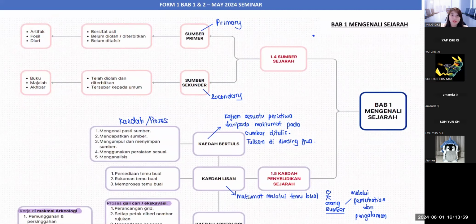So guys, for example, primer means that I found an evidence. This one. I found this evidence and I don't know what is this. I want to research. Then I look at it. What is this though? So this is our original evidence.